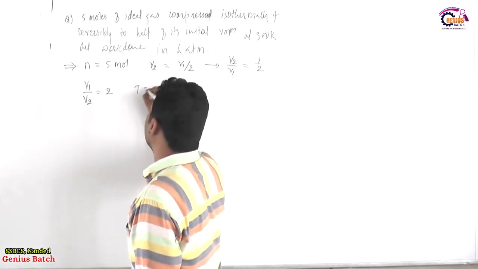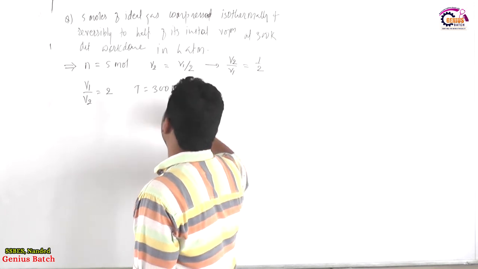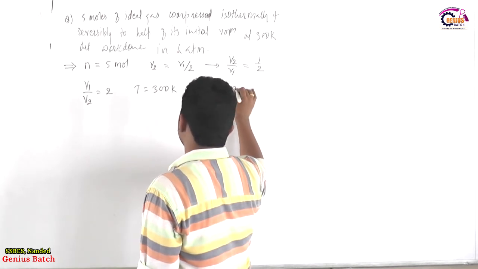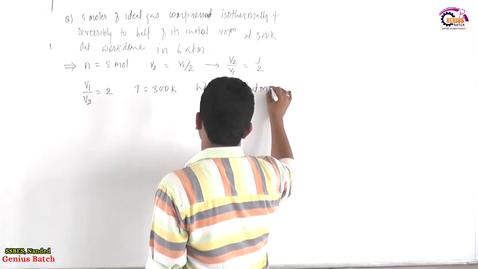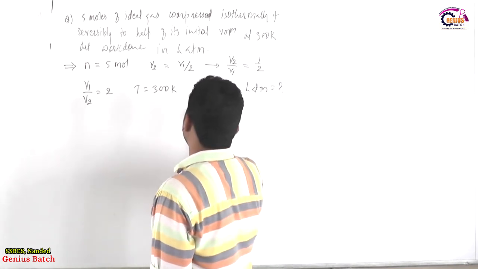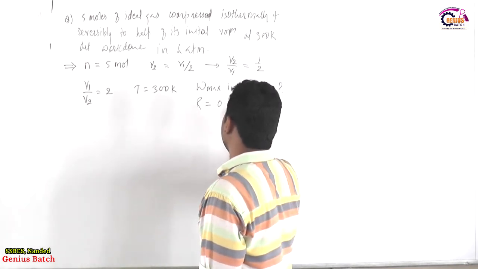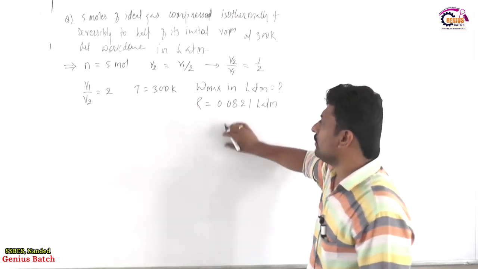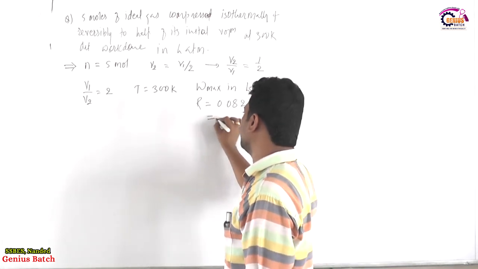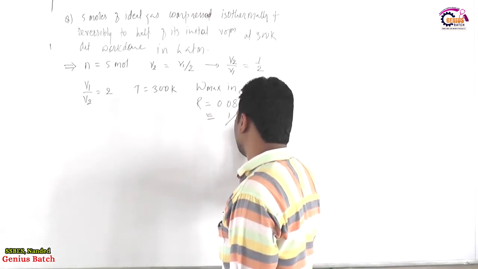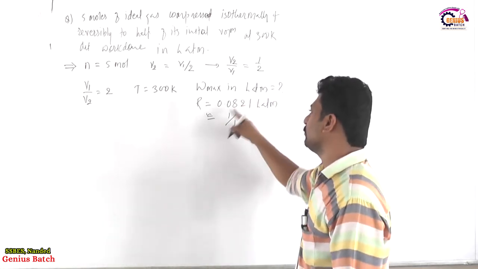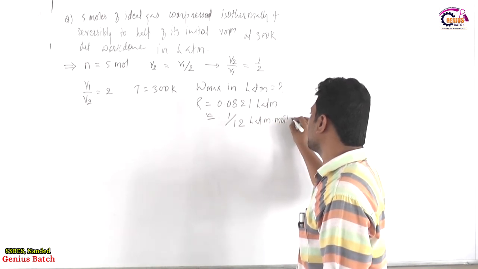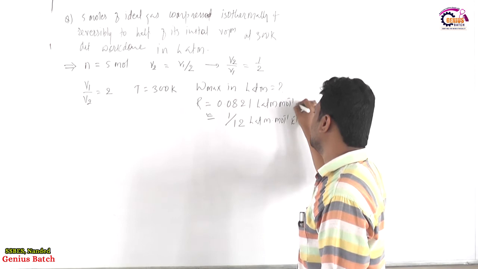Temperature is given, it is 300 kelvins, and work max in liter atmosphere, how much it is. So R required is 0.0821 liter atmosphere. This particular value of R, 0.0821, is approximately equal to 1 by 12. It can be taken as 0.082 or 1 by 12 liter atmosphere mole inverse Kelvin inverse. The unit is the same in both cases.